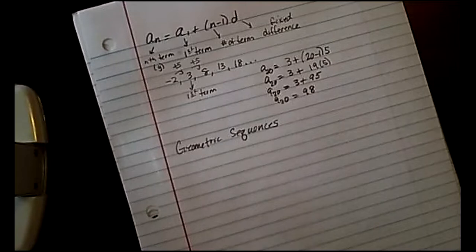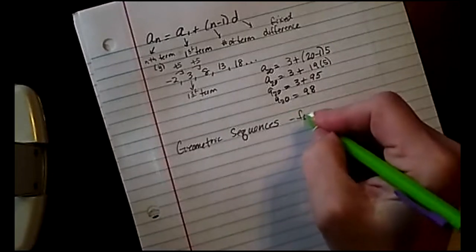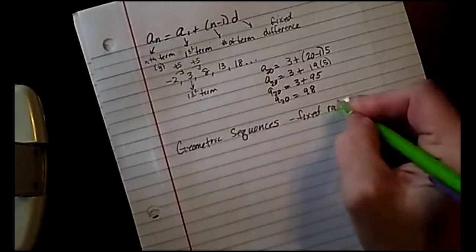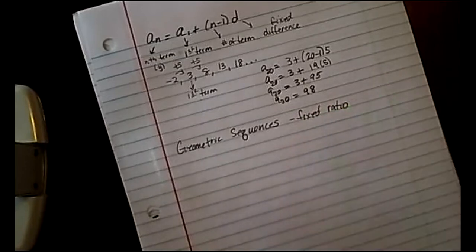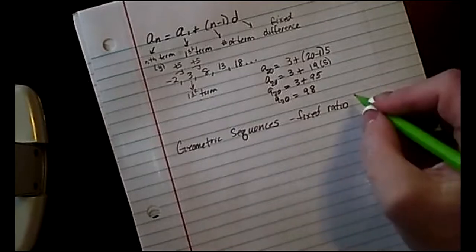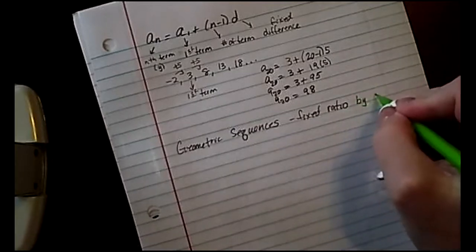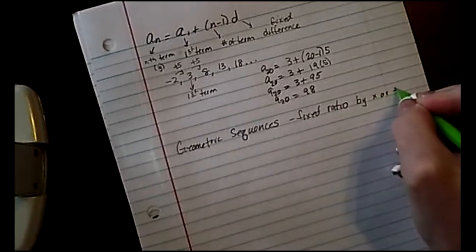So it's going to be a fixed ratio, and I say a ratio because if we multiply by 2, it's the same thing as multiplying times 2 over 1, or maybe we want to multiply times a fraction or divide by that. So that's why we use the word ratio. So it's fixed ratio by multiplying or dividing.